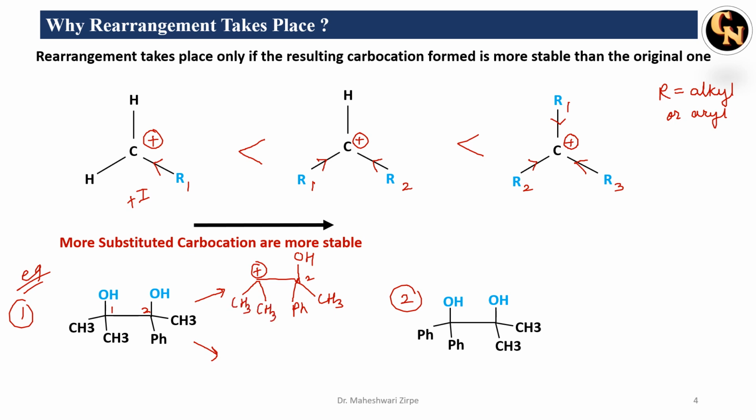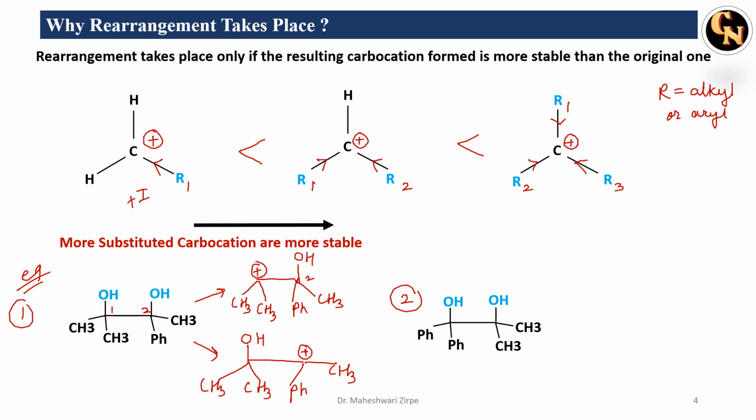Or, if it follows the second path, then the carbocation will be formed on the second carbon and OH will be on the first carbon. So here it is CH3, CH3, Ph and CH3. Then among these two options, tell me which is going to be more stable.